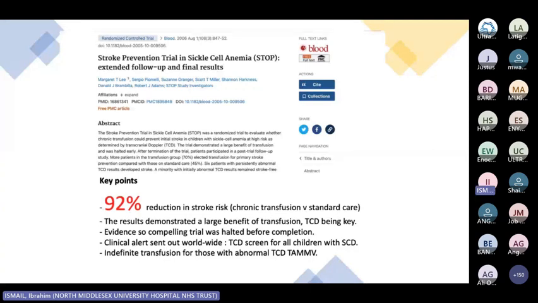So there was indefinite transfusion for those with abnormal TCD, and the value here, like I said before, is the time average maximum mean velocity.